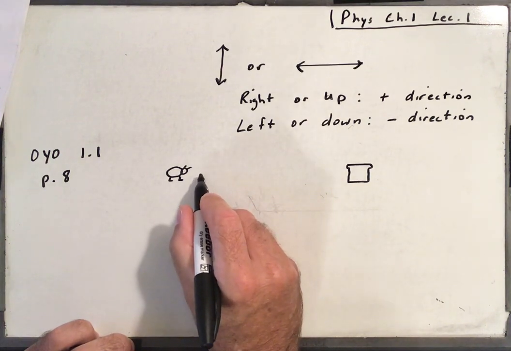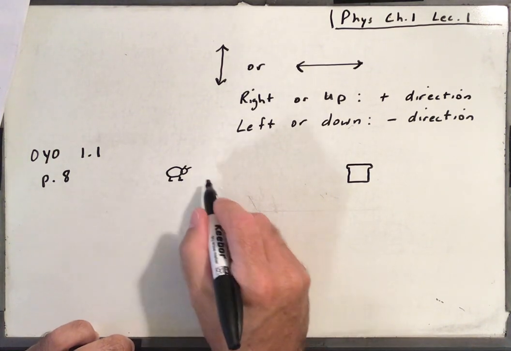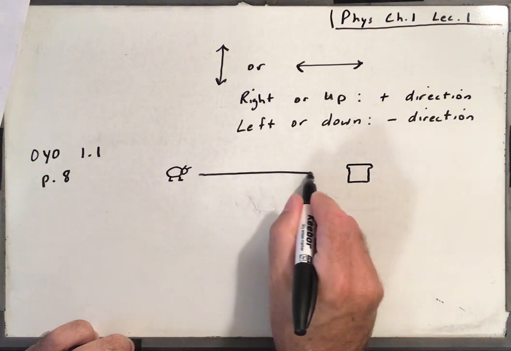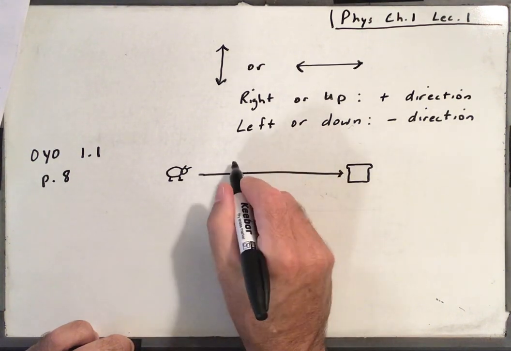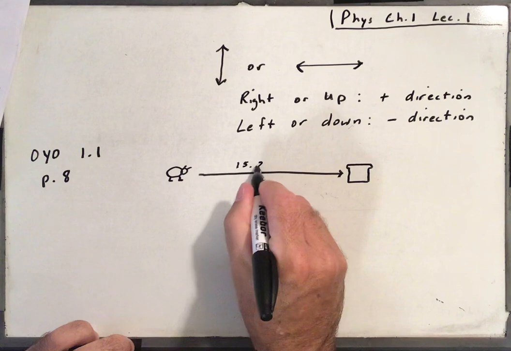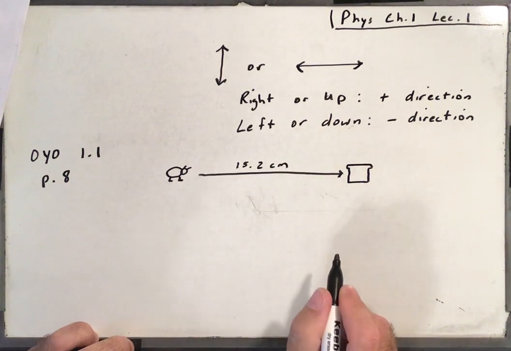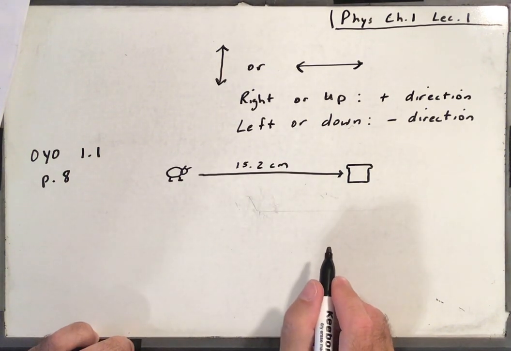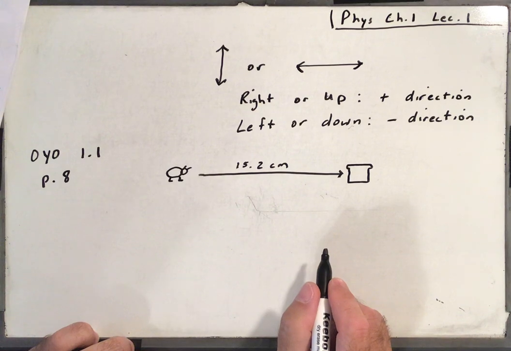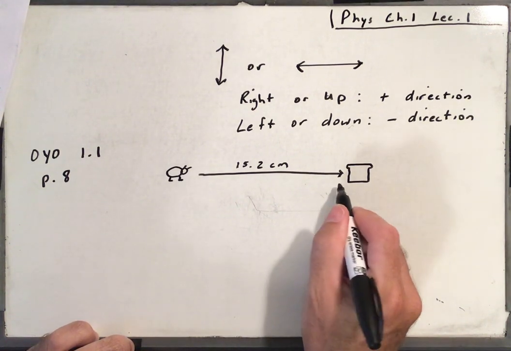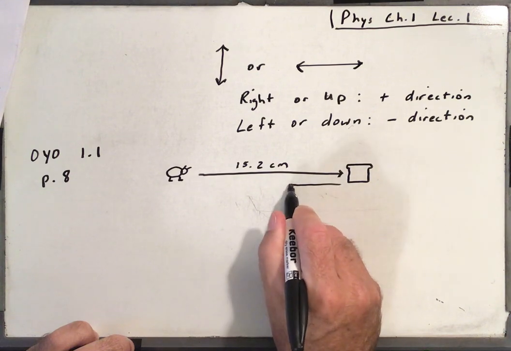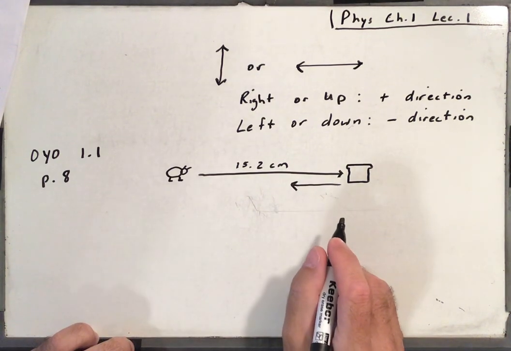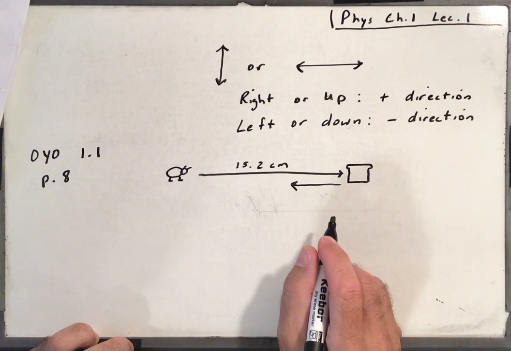So the ant walks 15.2 centimeters to the crust of bread. And then stops, takes the bread, turns around, and walks back towards the anthill. 3.8 centimeters. And stops.